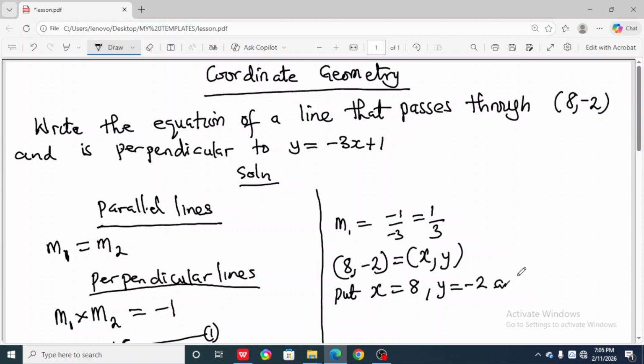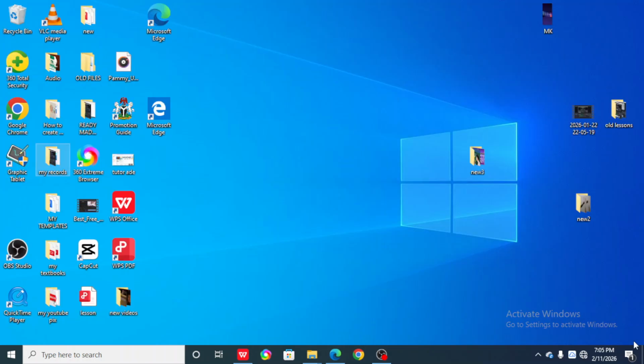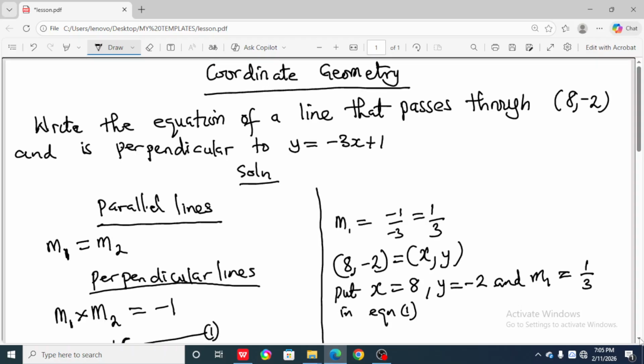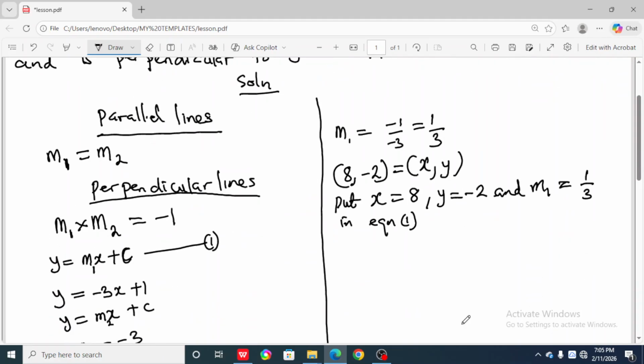We are going to put x equals 8, y equals minus 2, and m1 equals 1 over 3 in equation 1, so that we can find c.